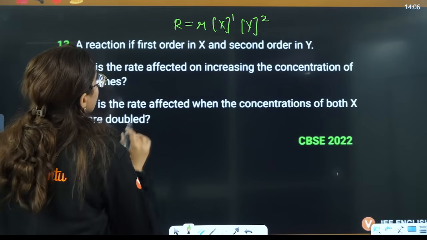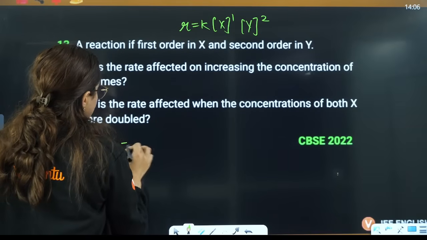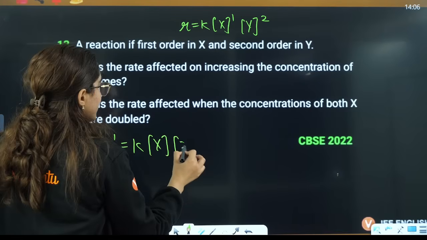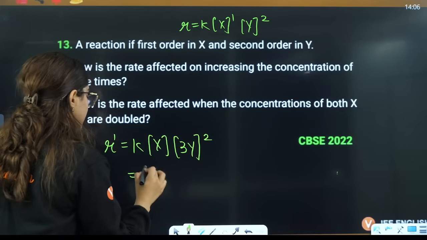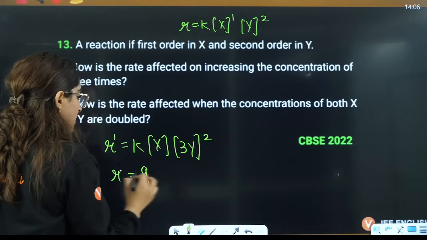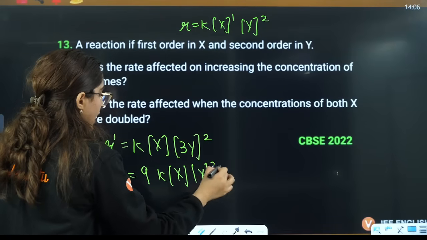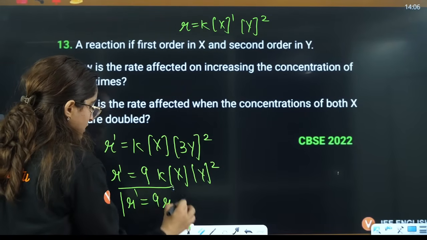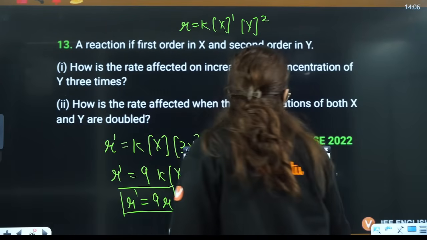If I say R dash is equal to K, X is as it is, Y is 3 times. So this will definitely be 9 times. This is K, this is X, this is Y square. That is nothing but 9 times the old rate. Isn't it? Yes. After that, what you have?